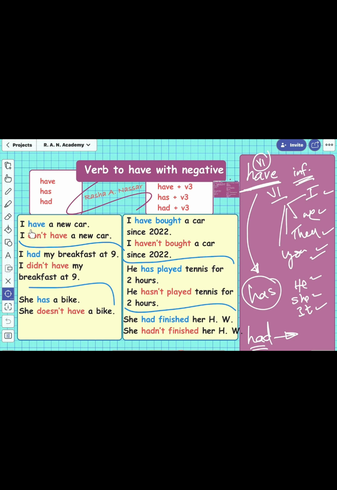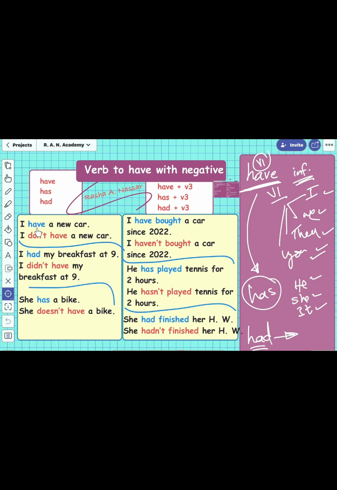So I have only have or has or had: have with I, we, they, you, has with he, she, it, or had in the past form with all the pronouns. So if I have have or has or had in the sentence, how can I change the sentence into negative? Let's see together. I have a new car.